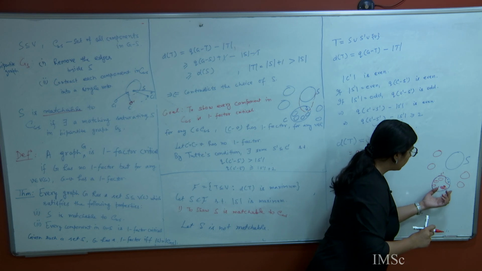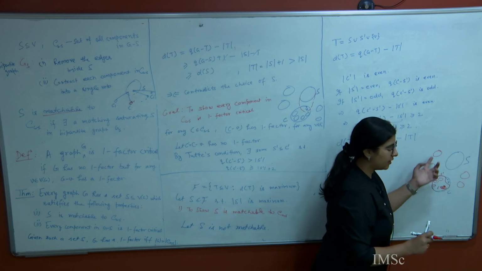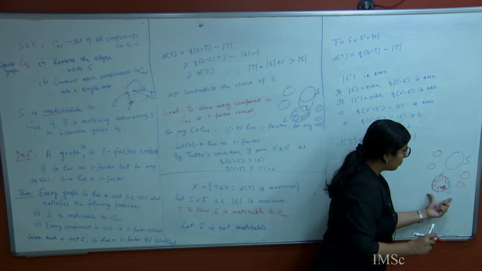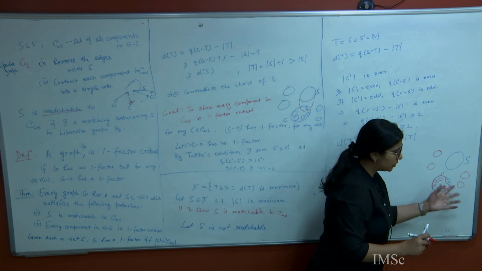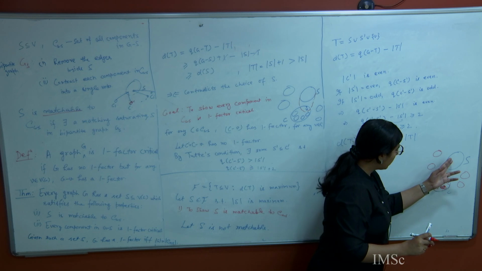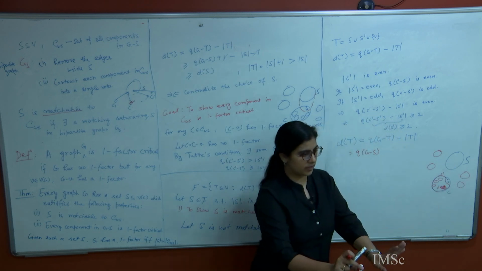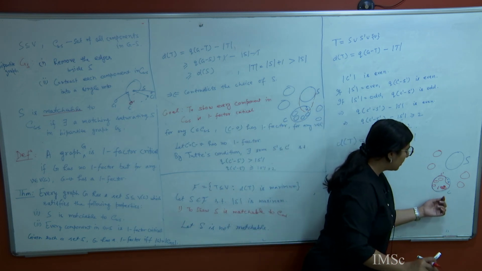What I proved earlier is that every component in G minus S is odd. Now, in one of the odd components, I have done some changes, and all the other odd components remained the same.